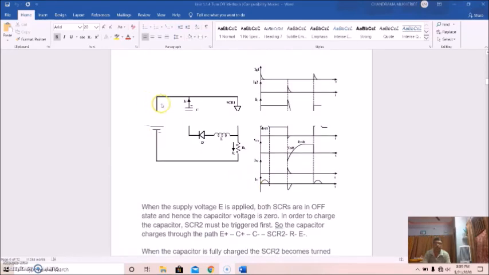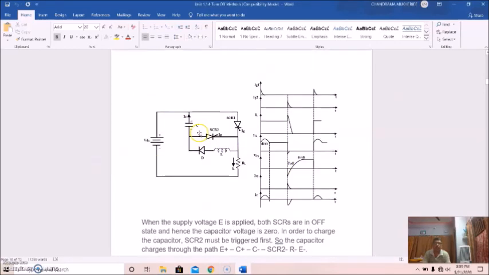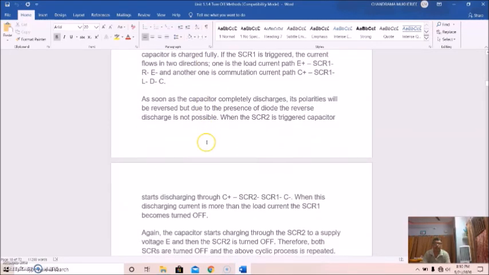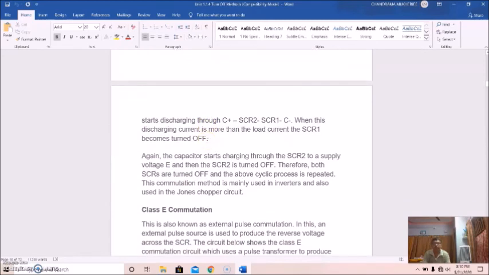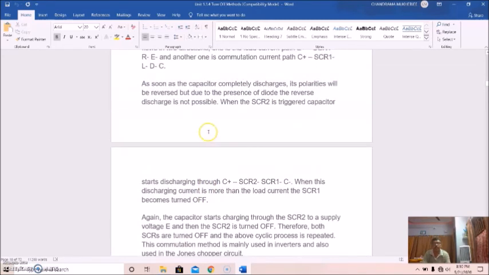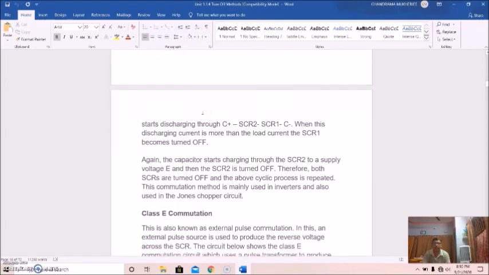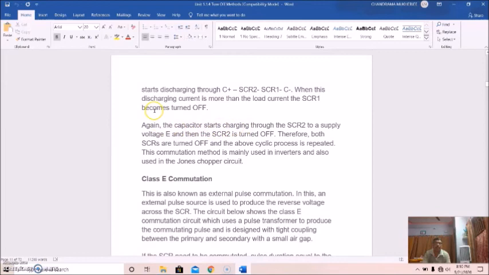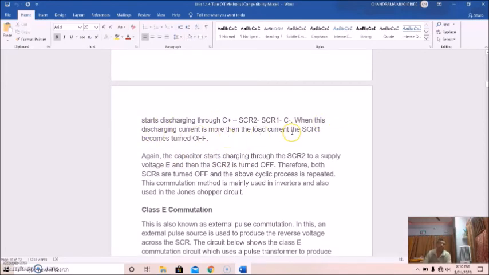When the capacitor current is more than the thyristor load current, the main thyristor will turn off. The capacitor starts charging again through the auxiliary thyristor to the DC supply voltage, and then SCR2 is turned off.